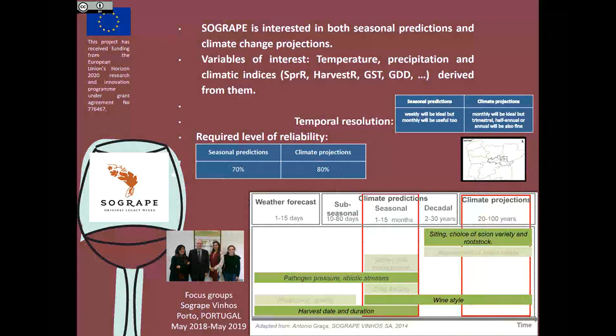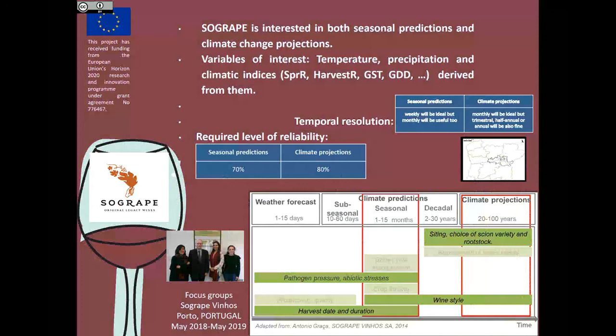Here we report something about the wine service that we are developing in MedGold, as I already said. We have had a couple of focus group meetings with the Sogrape colleagues in Porto, one in May 2018 and one last year in May 2019, just to better understand their real needs and what they ask of a pilot service, a prototype of service for their activity.